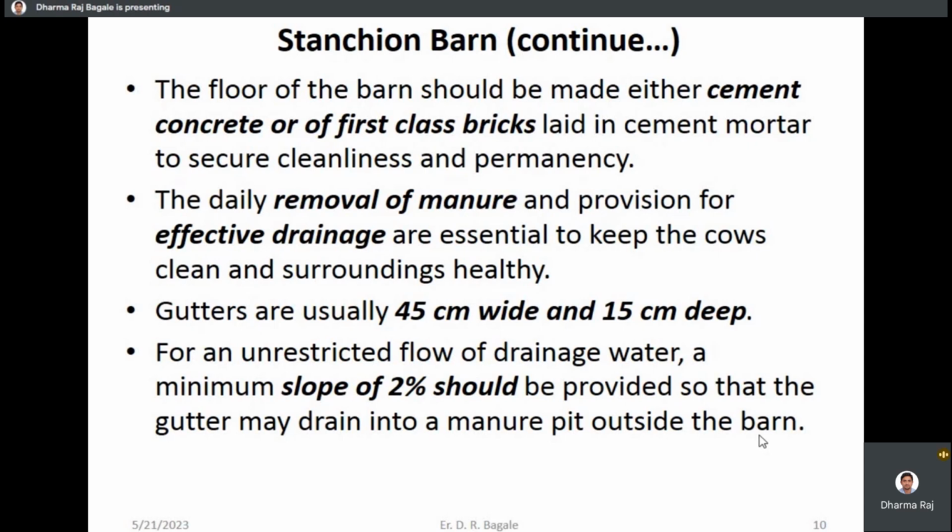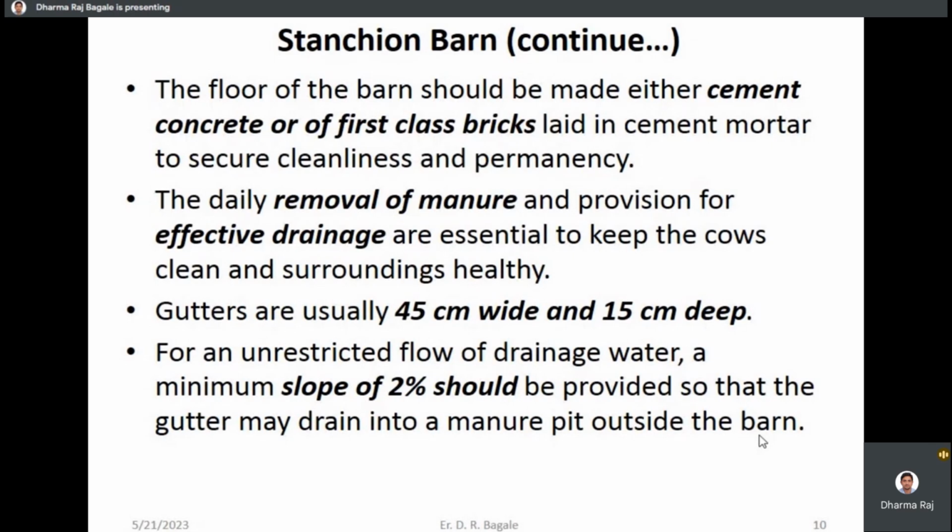Keeping the concrete floor very smooth gives a chance of slippage, and keeping it more rough may sometimes damage the skin of the animal. So using rubber mats just above this concrete, cement flooring is more preferred nowadays, and we can clean them easily.